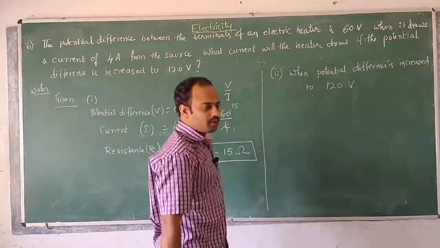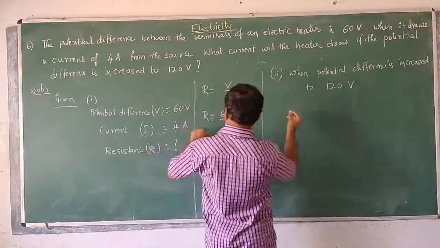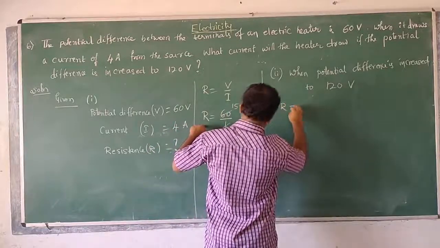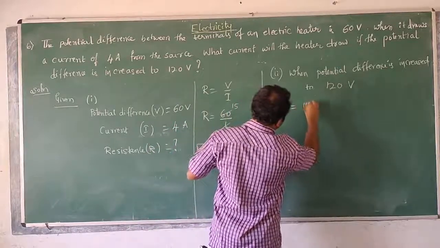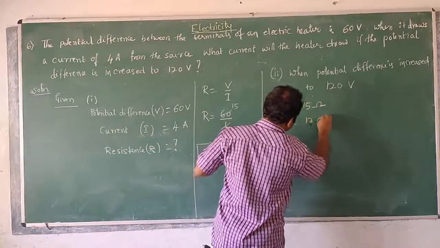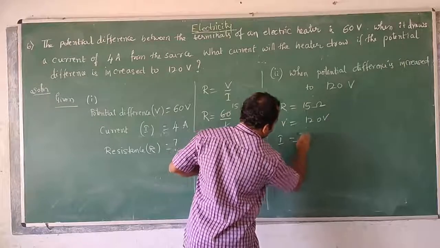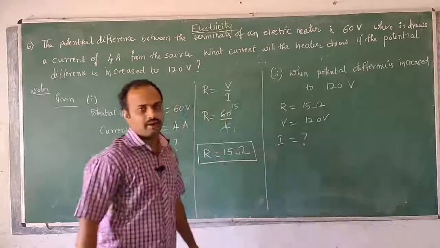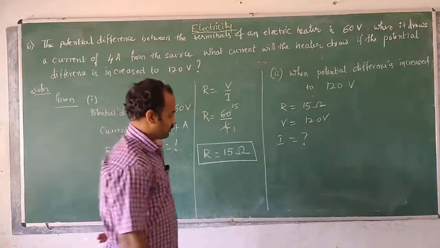Second one, when the potential difference is increased to 120 volt. Here we know R, R equal to 15 ohm. We know V, that is 120 volt. We have to find I equal to question mark.